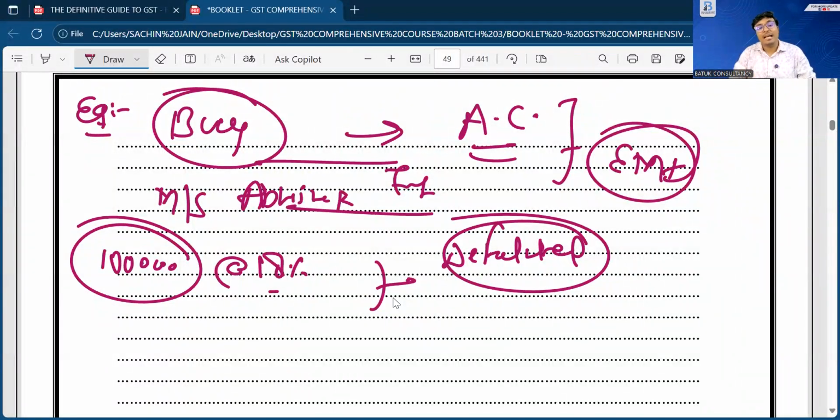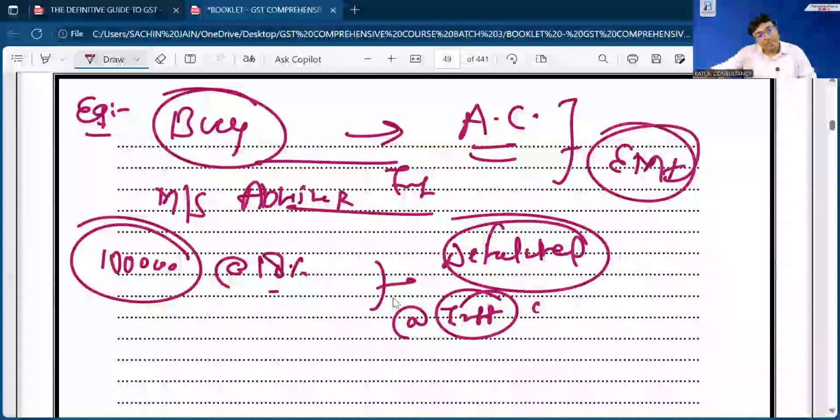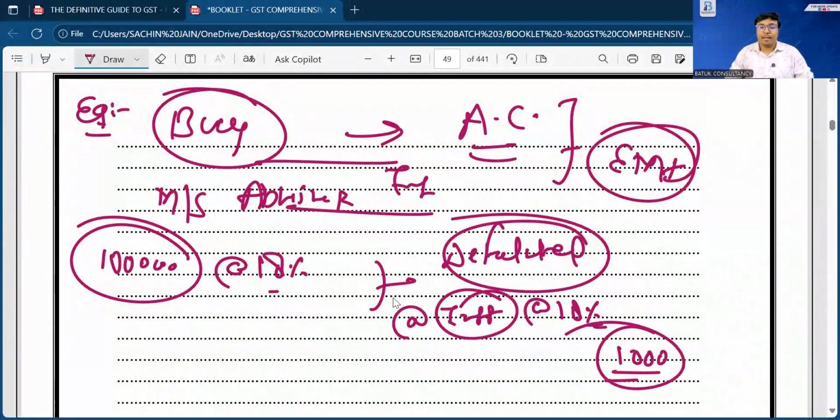Abhishek Enterprises, and Abhishek Enterprises has charged interest on me at the rate of 18%, you can say. And they have charged 1,000 rupees interest for the delay. My question is whether GST will be applicable on this 1,000 rupees or not.